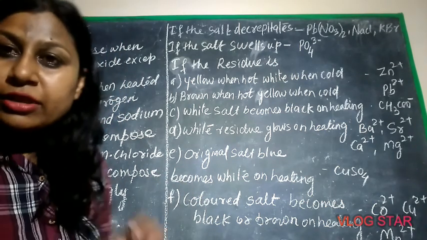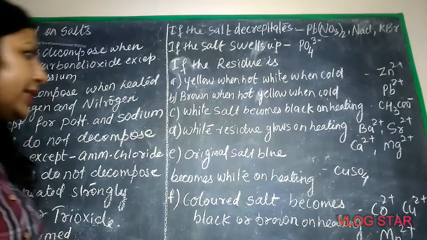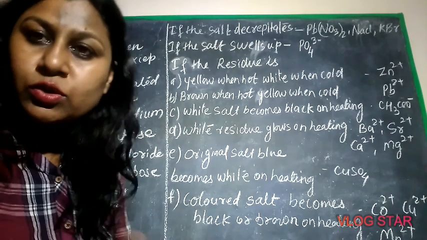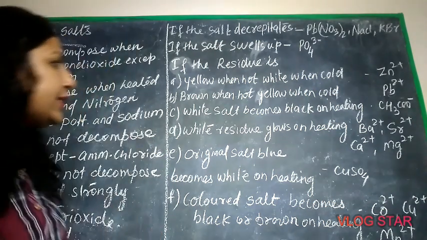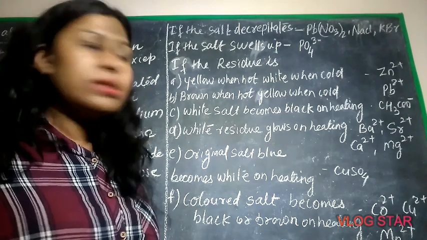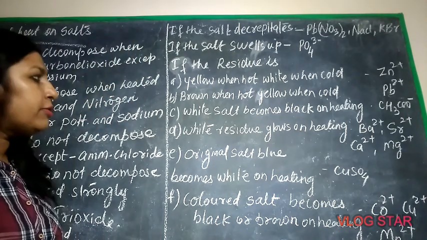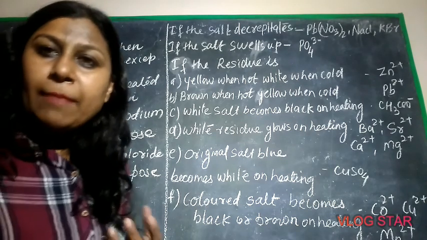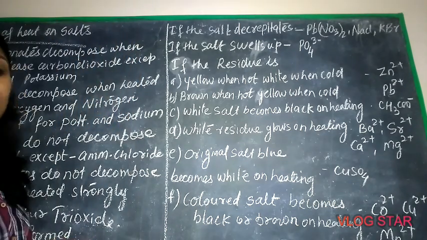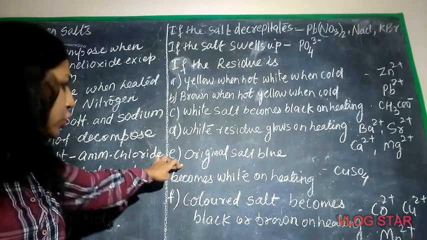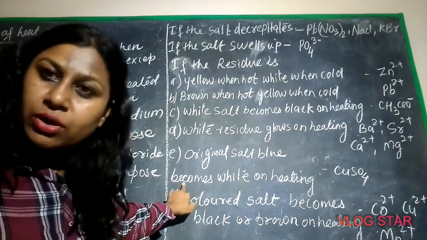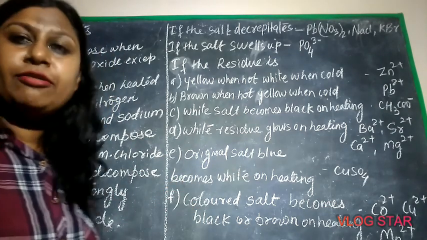Now, if the residue is white and it glows on heating, maybe barium 2+, strontium 2+, calcium 2+ or magnesium 2+. If the original salt was blue and it becomes white on heating, maybe copper sulfate.